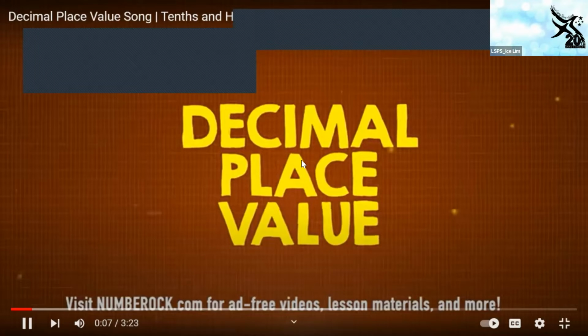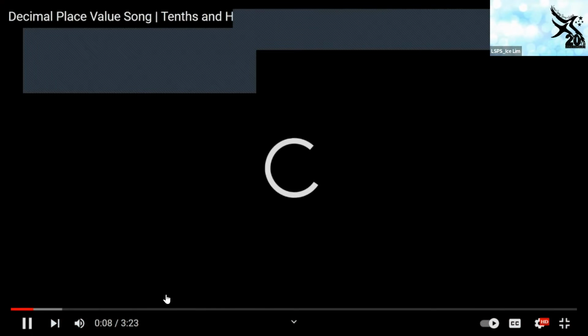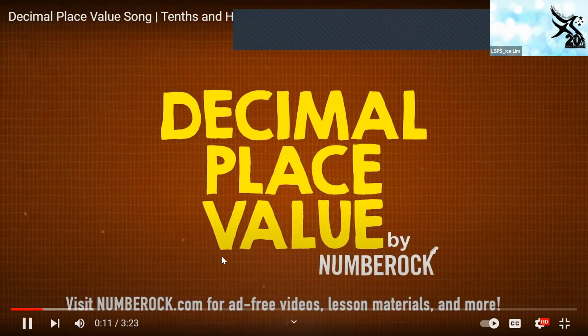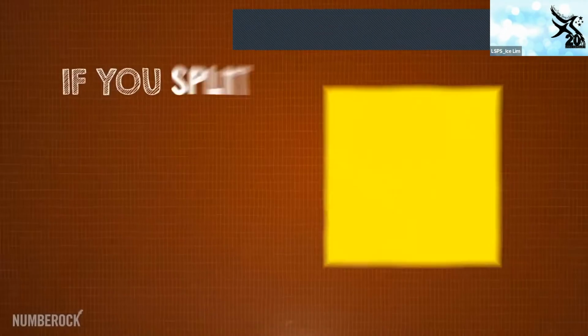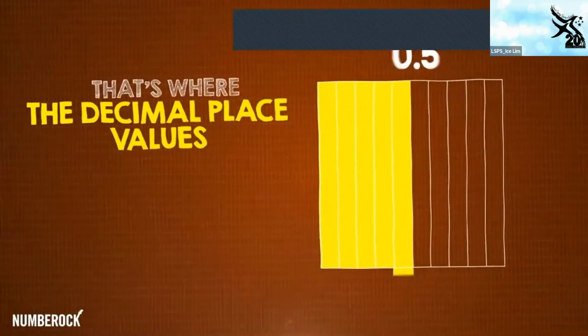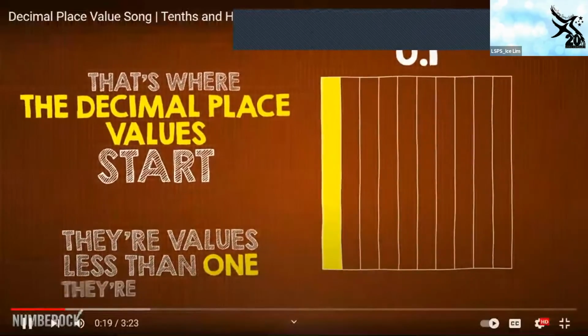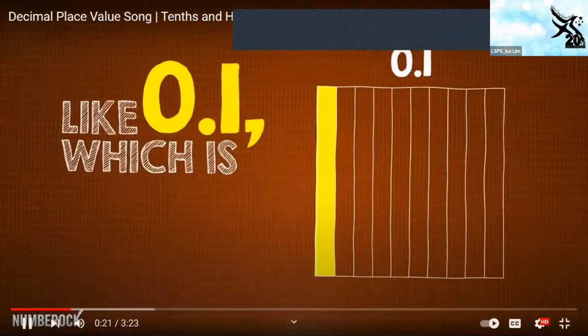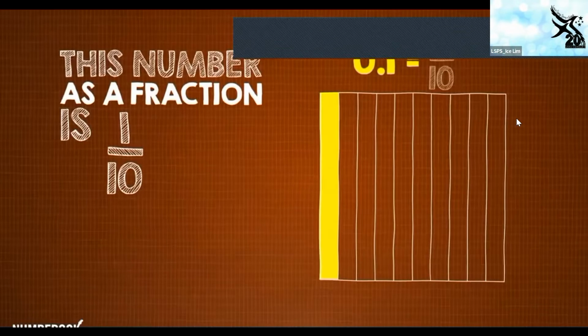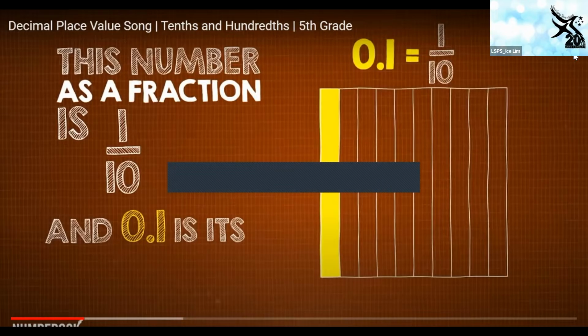If you split the number 1 into 10 parts, that's where the decimal place values start. The values less than 1, they're quite small, like 0.1, which is a decimal. This number as a fraction is 1 over 10, and 0.1 is its decimal equivalent.